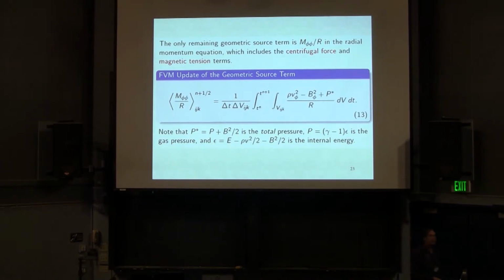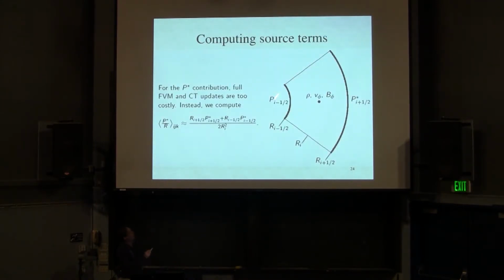So the problem with this source term is getting a good estimate for the pressure, the time average pressure in the cell. And there are different ways to go, and what Athena does is it takes the pressure that we know at cell edges. In solving the Riemann problem, we're calculating the pressure at the cell interfaces, because the pressure is one of the quantities that the Riemann solver returns.